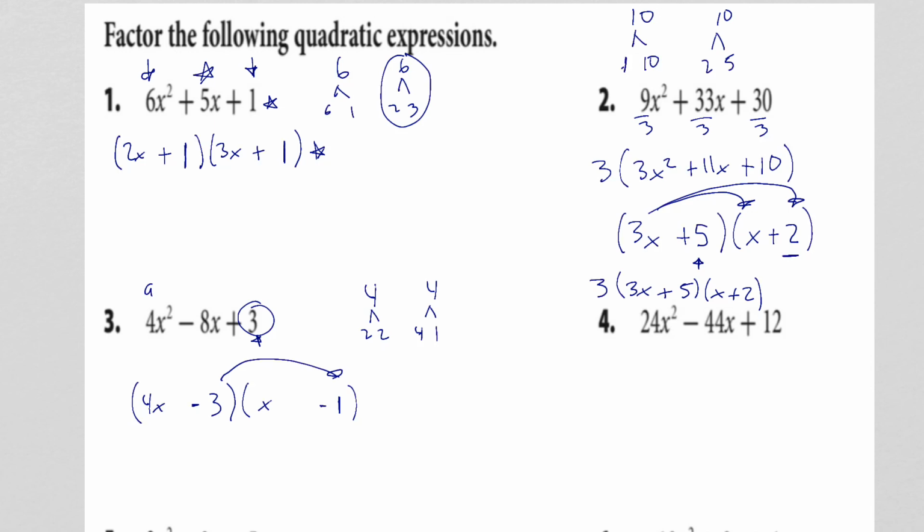You're going to wind up with the 4x squared, but you're going to get basically 4 times a negative 1 and negative 3 times 1, and that's all going to add up to a negative 7, which is not 8. So that combination is not going to work.